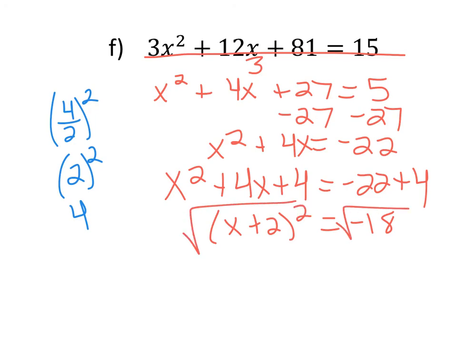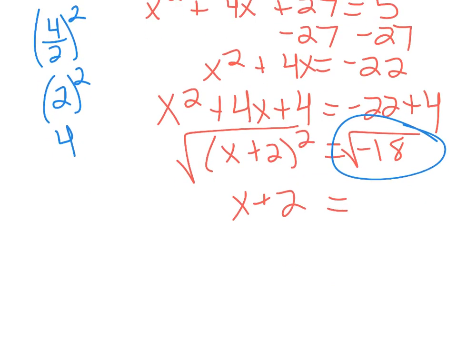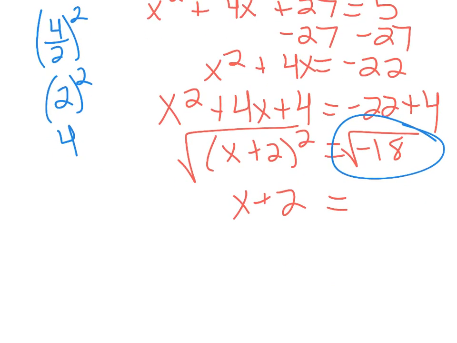Square root both sides. I get x plus 2 equals, you should see an issue when you plug this into your calculator. You have a negative under a square root sign, a negative under the radical, which can't happen. So when that happens, and your calculator will give you some sort of error, there are no real roots.